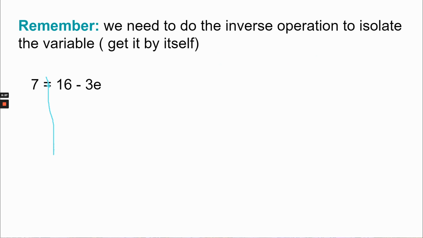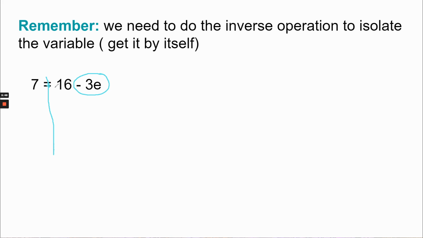It's the same here, but it's a little bit different because we're looking at this and it looks like a subtraction sign. But it's going to go with this -3e. So we need to get rid of this 16. It doesn't have a sign in front of it, so that means it's a positive.